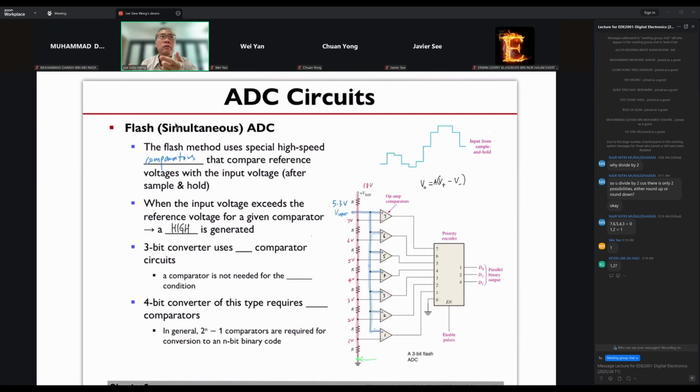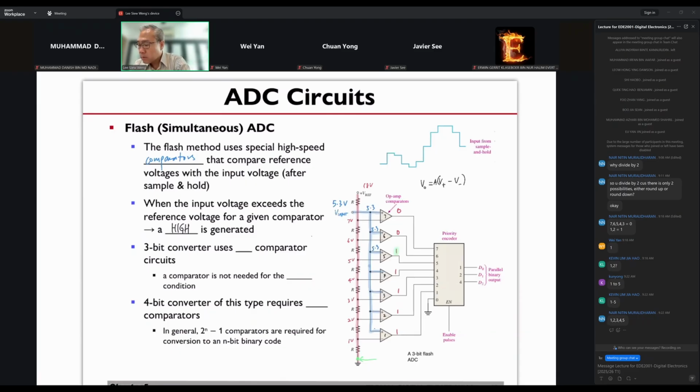Can you tell me which op-amp comparators will output a high? 1 to 5, that's correct. So these will be high. Because this is 5.3 volts, you will realize that these two will be 0. So it will take the highest op-amp here and encode its state.